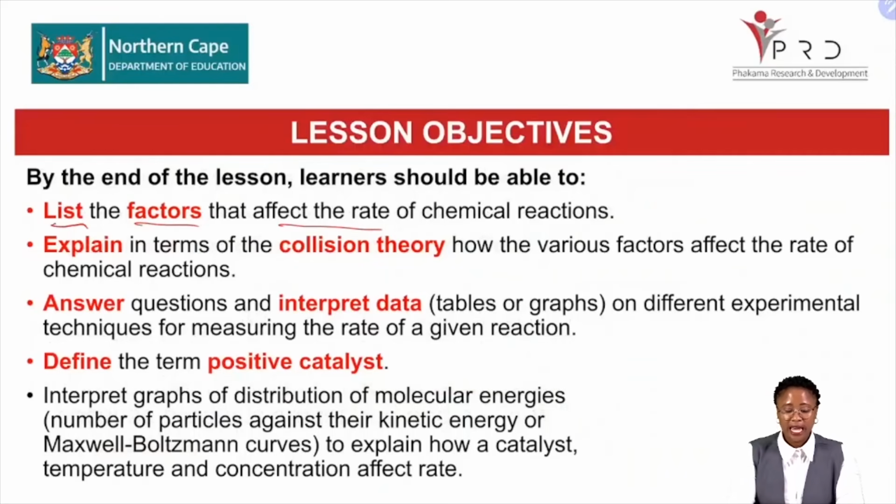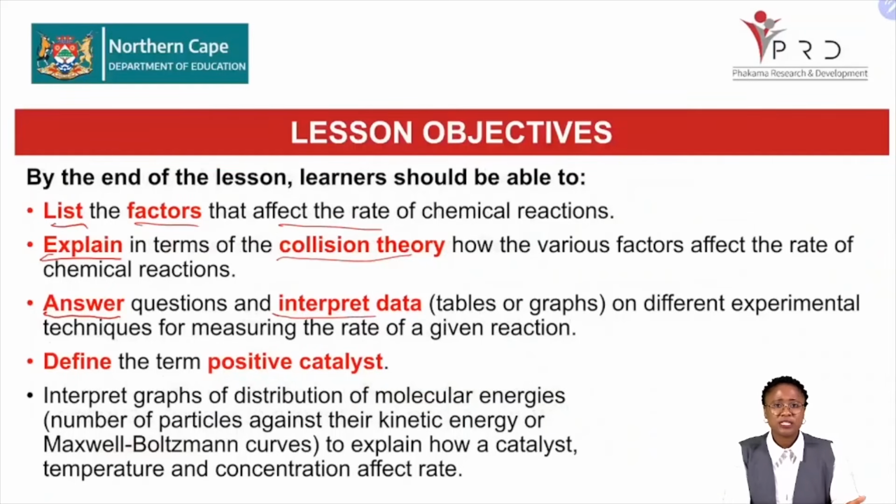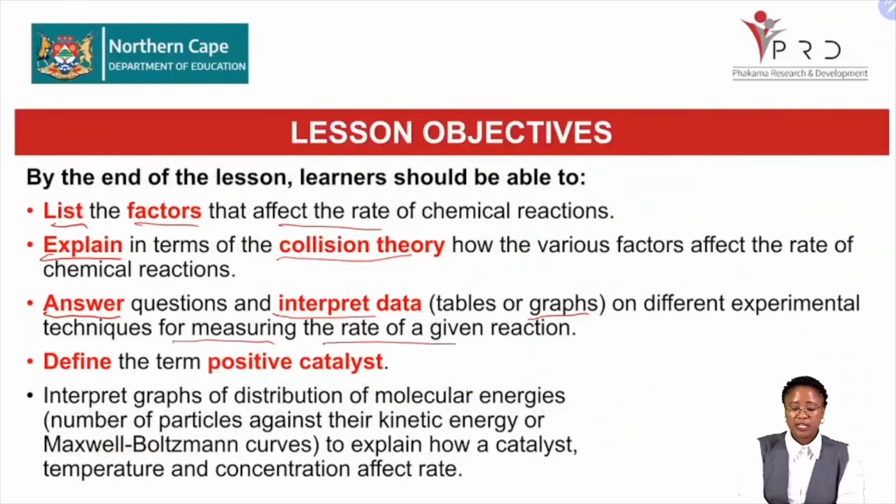All right. You also need to be able to list the factors that are affecting the rate of the chemical reaction. You also need to be able to explain in terms of the collision theory how various factors affect the rate of reaction. You also should be able to answer questions and interpret the data, okay, in terms of the table or in terms of the given graphs on different experimental techniques for measuring the rate of the given reaction. All right.